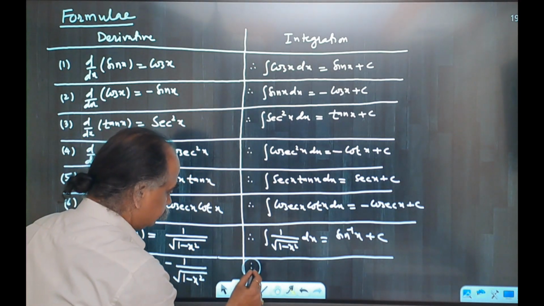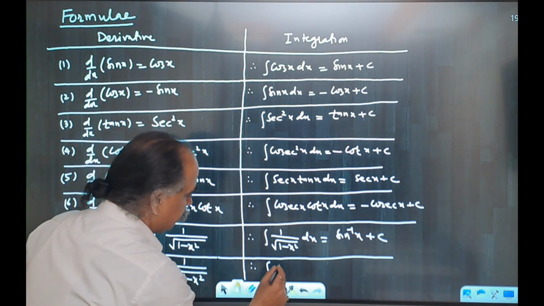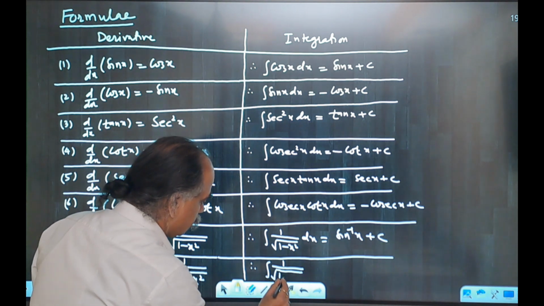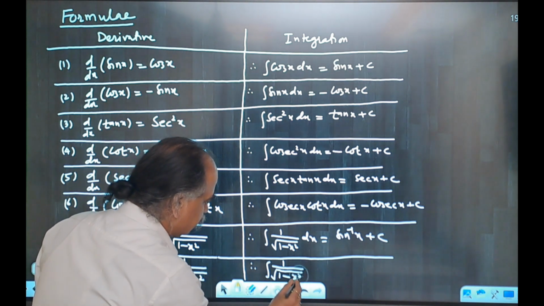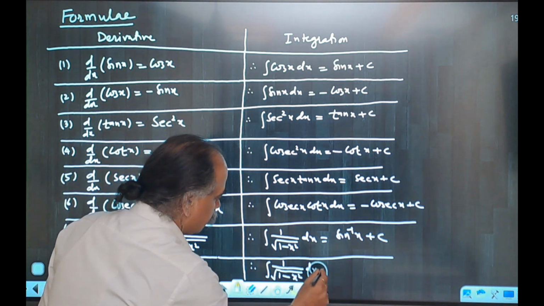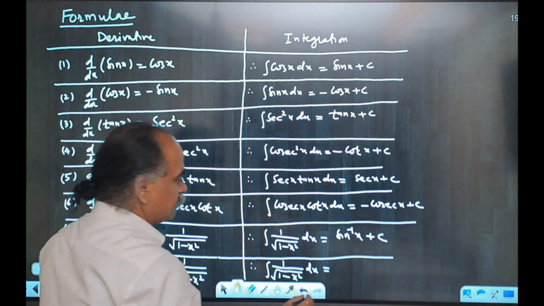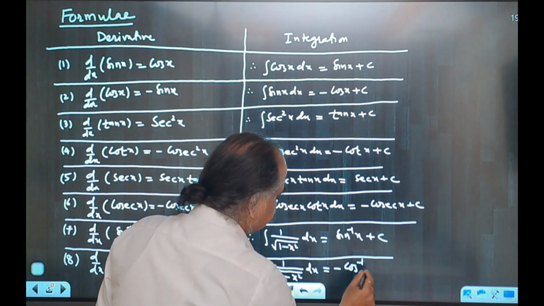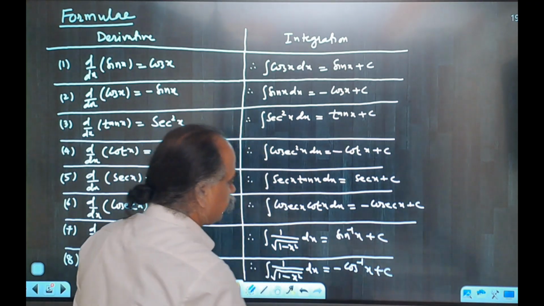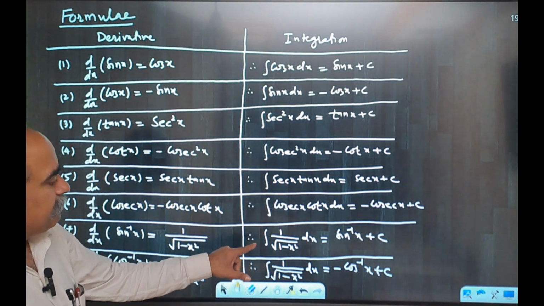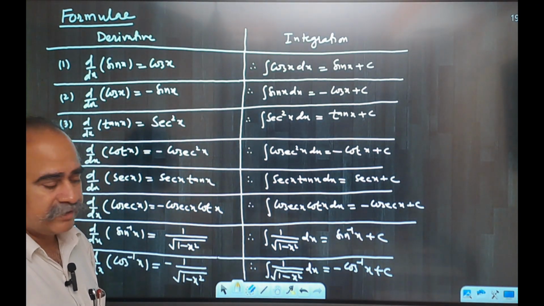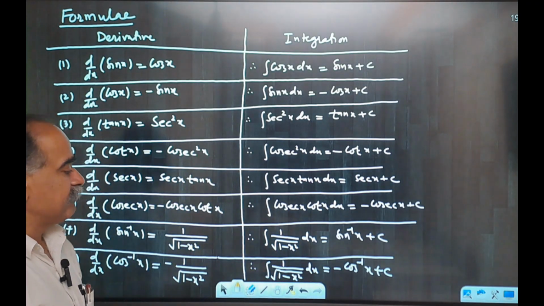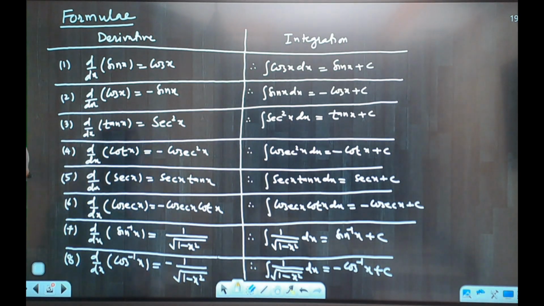Therefore, integral of 1 upon root 1 minus x square with respect to x is what? Minus cos inverse x plus c. So integration of 1 upon root 1 minus x square, either you take sin inverse x plus c or you can take minus cos inverse x plus c.